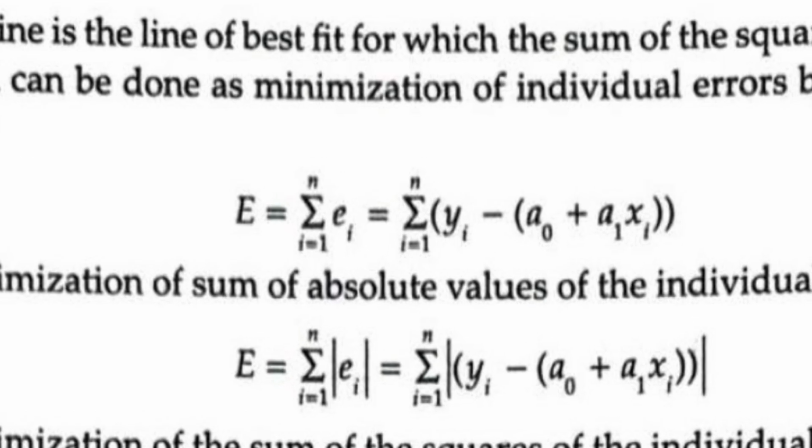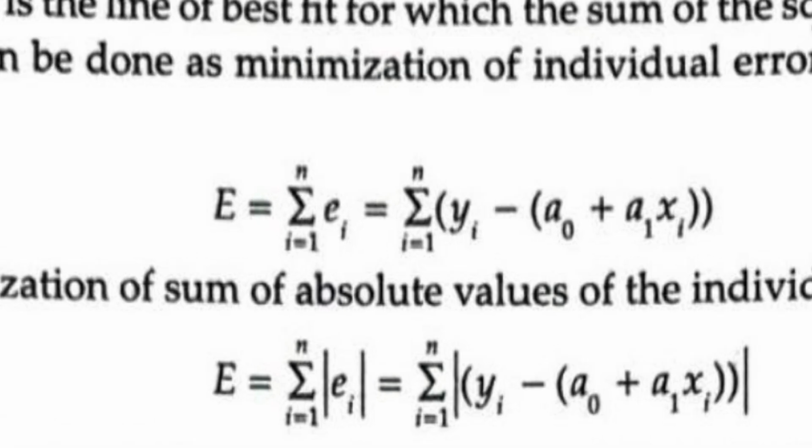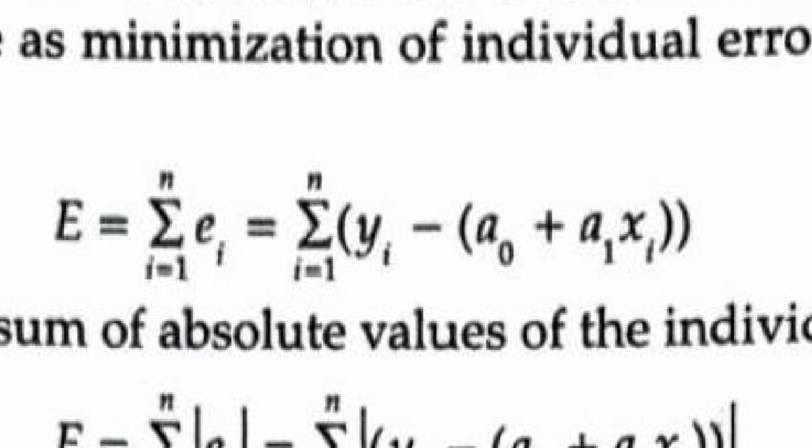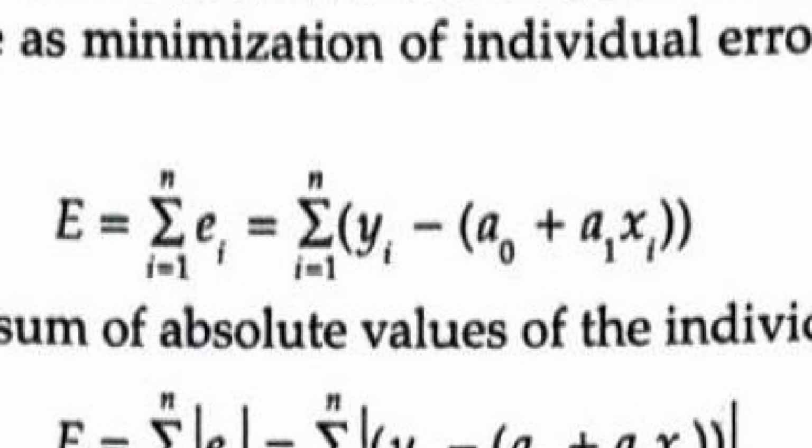Now our main goal is to find the best fit line. That means most of the points should lie on the line, but that is not possible. But we can try by minimizing the error. The error equation is E equal to the summation of all errors, sigma ei, where i equals 1 to n. You can substitute the value of ei, that is sigma i equal to 1 to n of yi minus (a naught plus a1 xi).